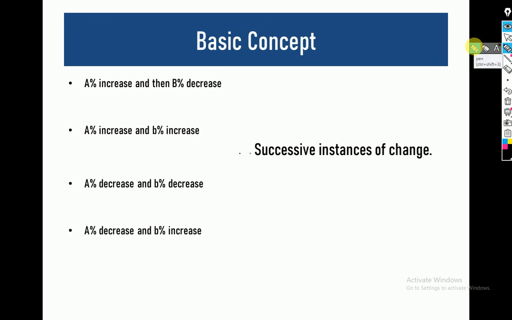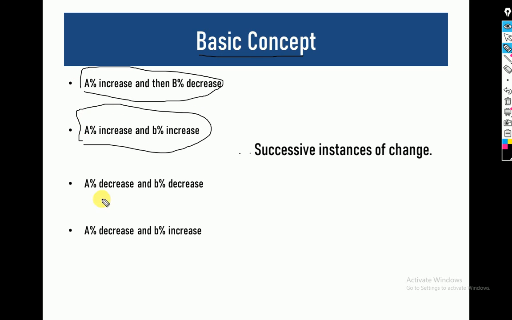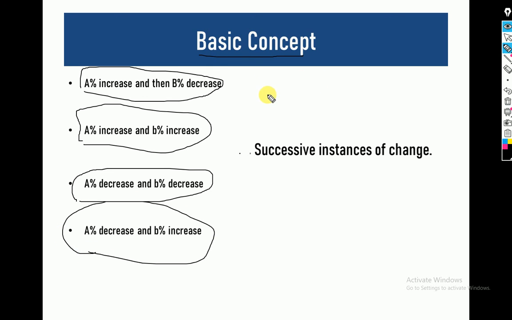So first, the basic concept of the percentage increase and percentage decrease. Suppose there are 4 instances in total. Suppose first it's given that a number is first increased by 2%, then it's decreased by 3%.